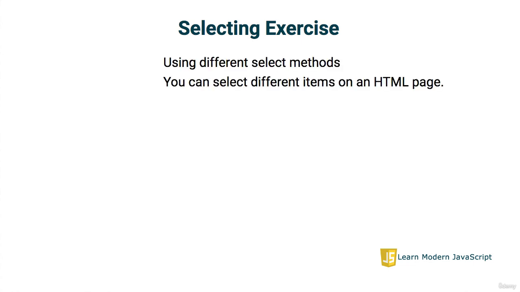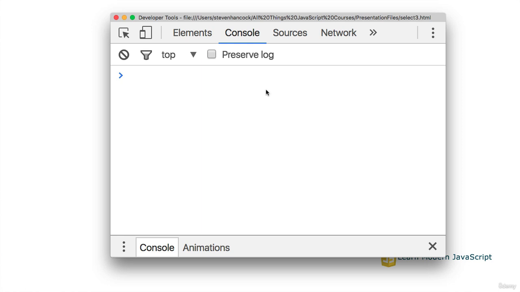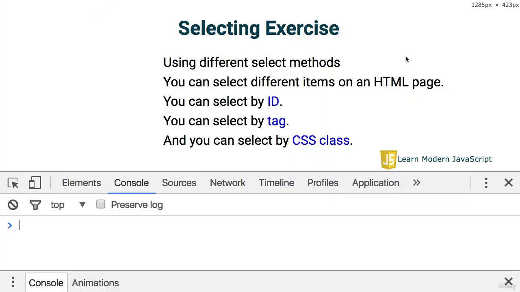So we'll go to our same selecting exercise HTML page. And then I will open up the console. And let's take a look at some of these. First, let me dock the console on the bottom because we will be changing some things, and so it'll be nice to be able to see that change happen.